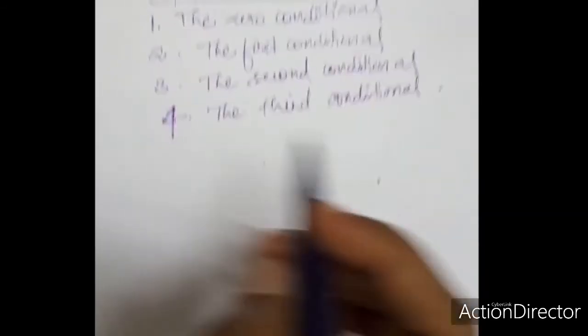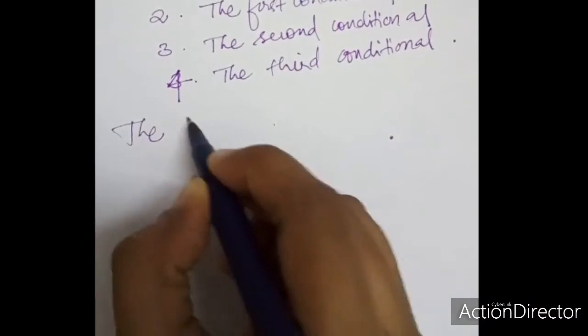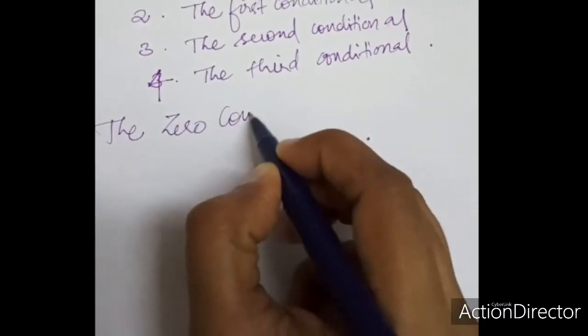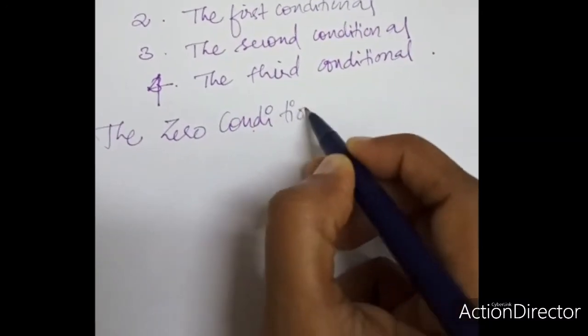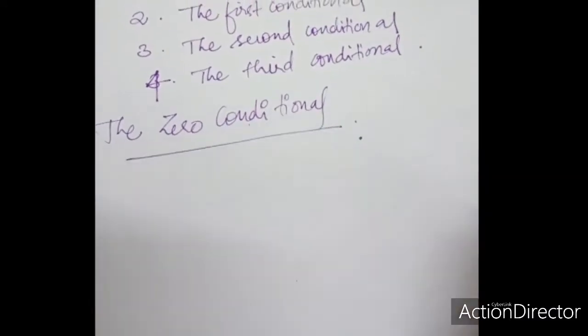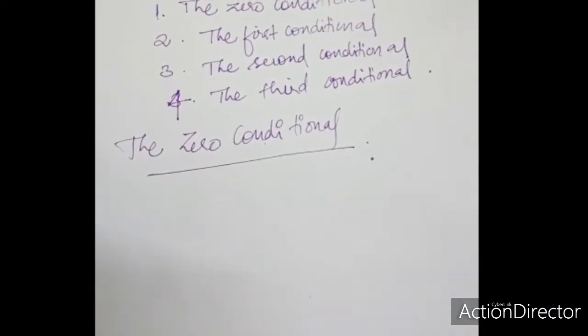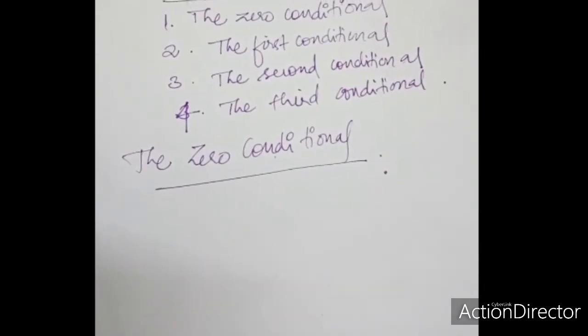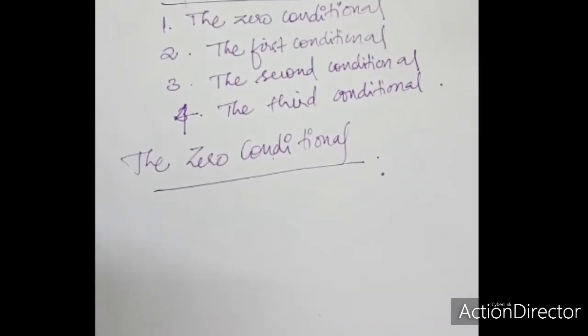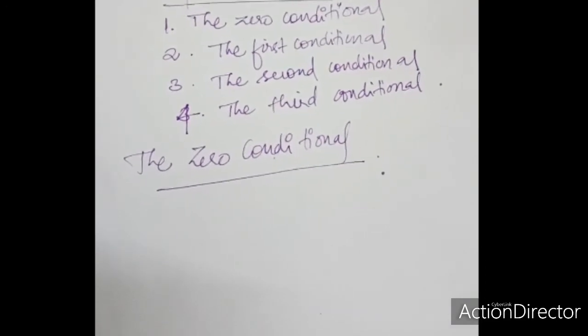Firstly, the zero conditional. So what is a zero conditional? We use the zero conditional to talk about permanent truths such as scientific facts and general habits.